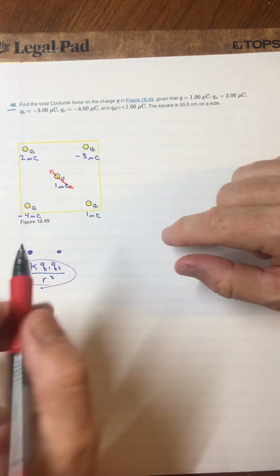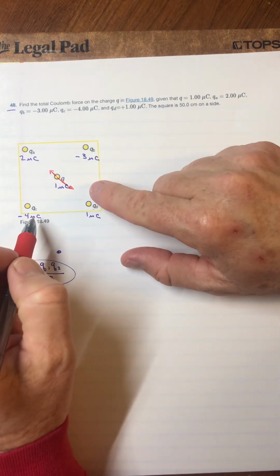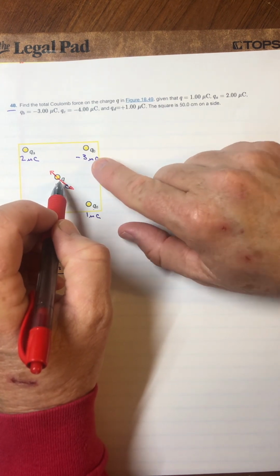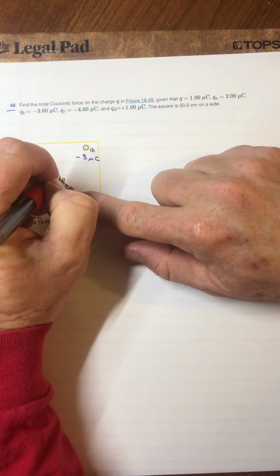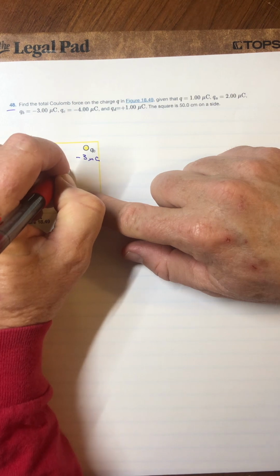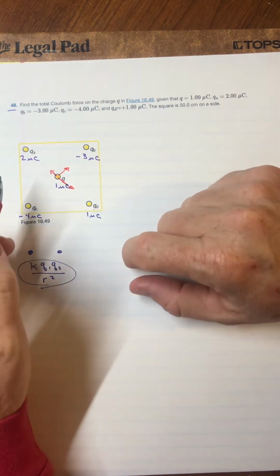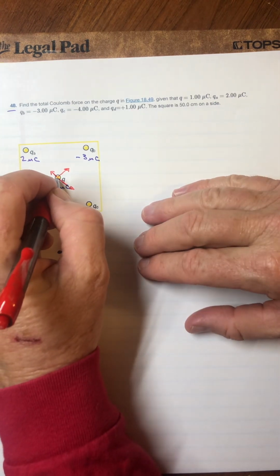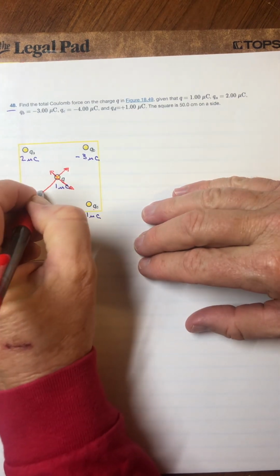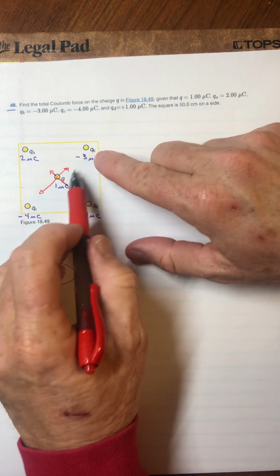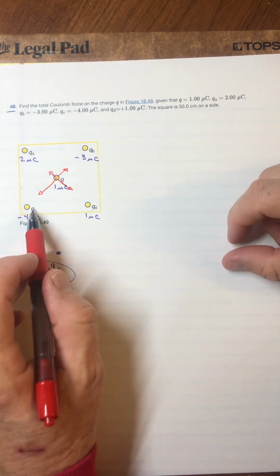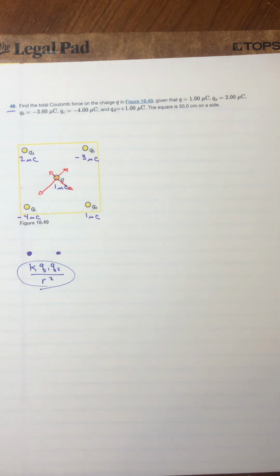And likewise, the positive in the center and QB, which is a negative, would be attracting it. So it looks something like this. And then the 4 and the 1 would be attracting, and it'd be a little stronger than the 3. So I'll draw it as an attraction towards C, but with a bigger arrowhead.